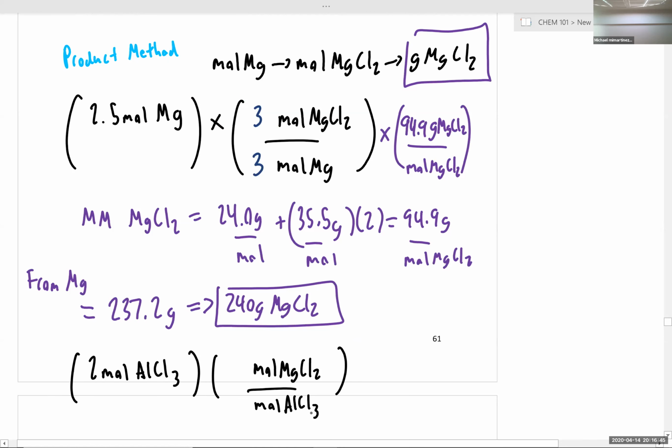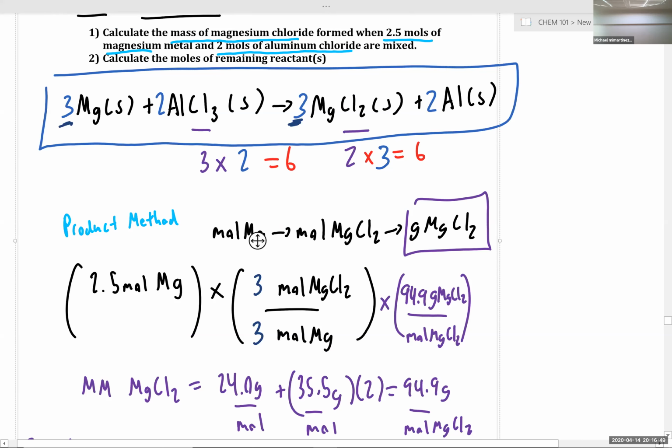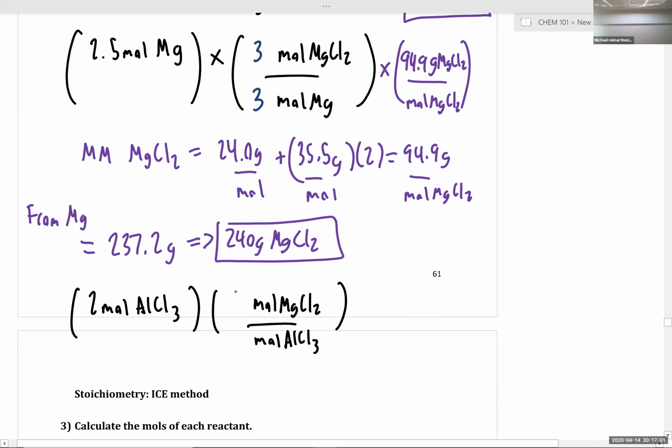And my question to all of you is, looking at our equation, how many moles of aluminum chloride are reacting in this balanced chemical equation? What is our coefficient for aluminum chloride? 2. Yep. So we have 3 moles of magnesium chloride per 2 moles of aluminum chloride.